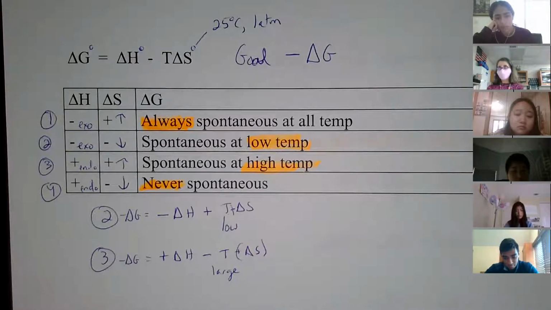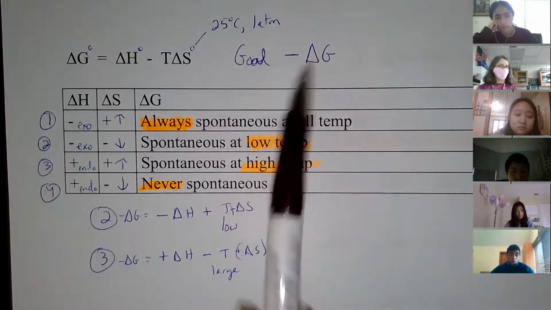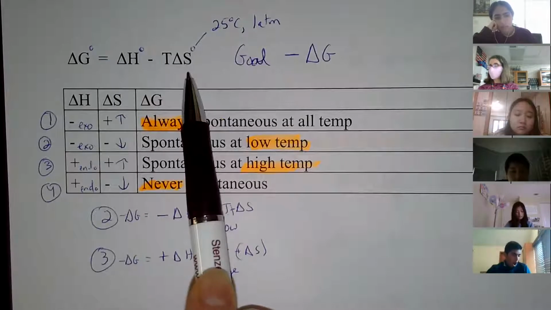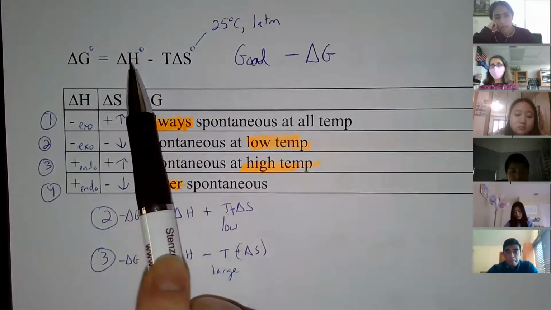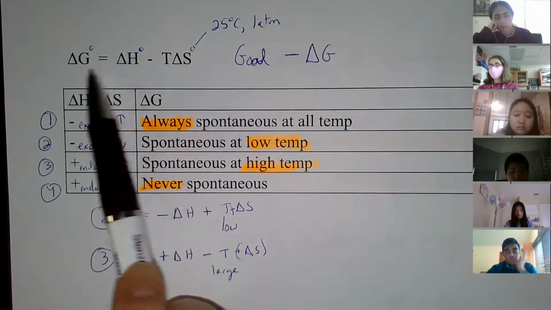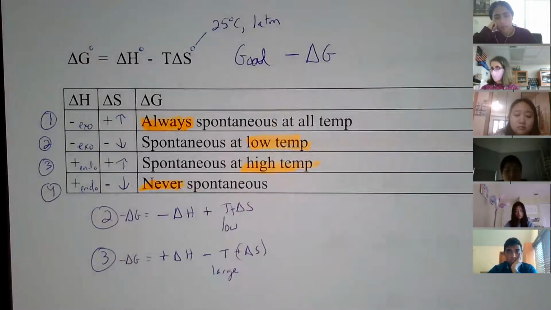You are trying to get delta G to be negative. That is your goal, okay? If I have delta H and delta S in this equation, if my delta H is either exo or endo, and if my S is either positive or negative, that delta G is going to be affected. So these 4 circumstances are what you need to understand.